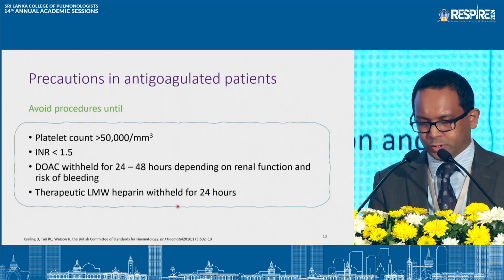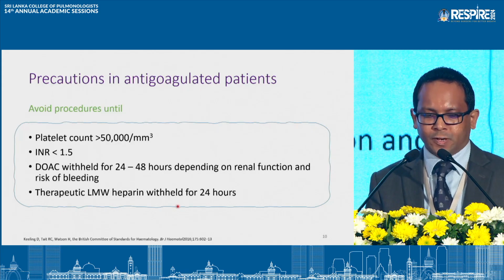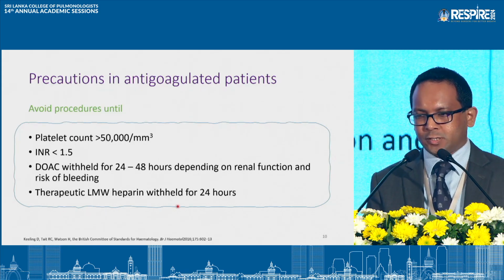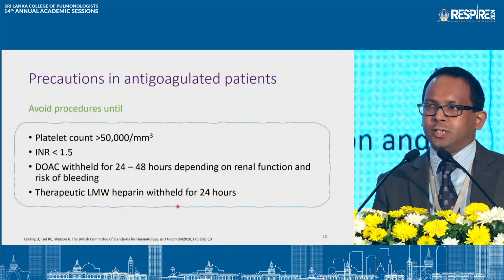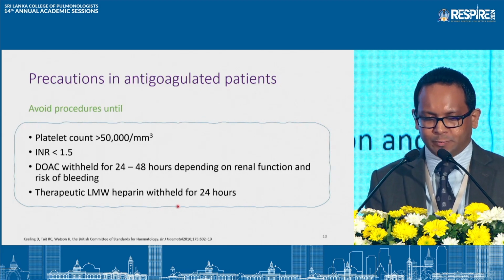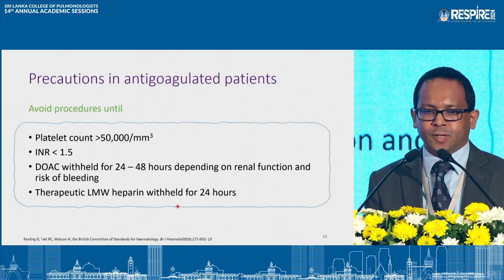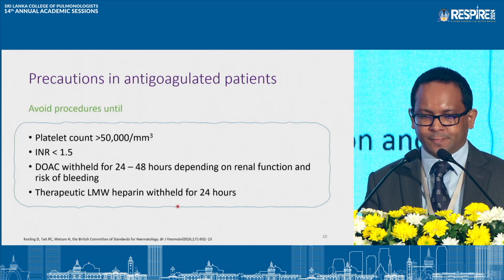But we can always withhold these medications, correct any clotting abnormalities, and then safely go ahead with pleural aspiration. In actual fact, even with marginal parameters, the risk of bleeding with ultrasound-guided aspirations has been shown to be very low. But it's always better to be safe.